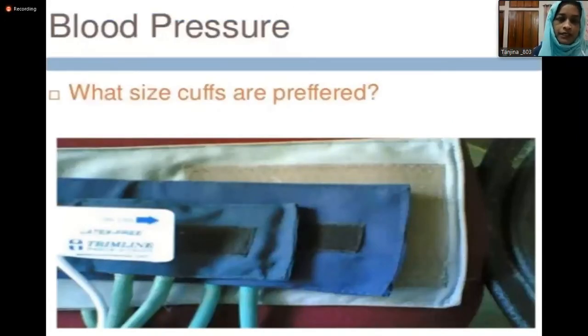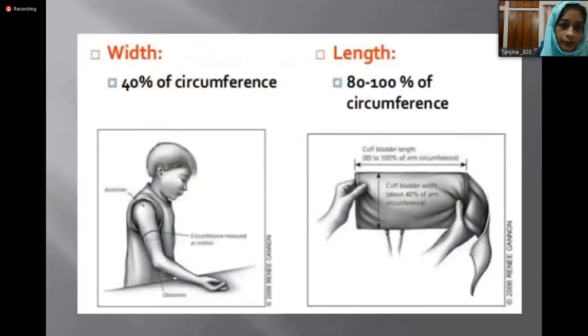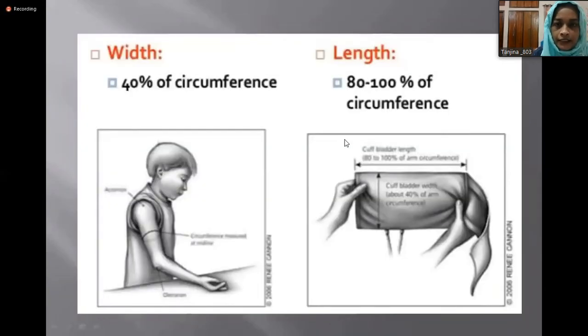Before recording blood pressure, you should choose the proper cuff size, because the width of the cuff should be 40% of the arm circumference, and the length of the cuff should be 80 to 100% of the arm circumference. This is a video clip of blood pressure recording.